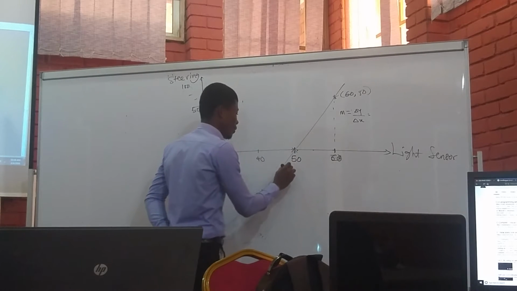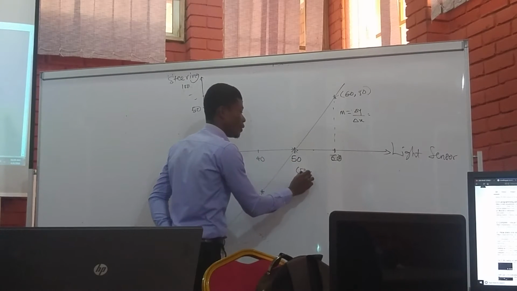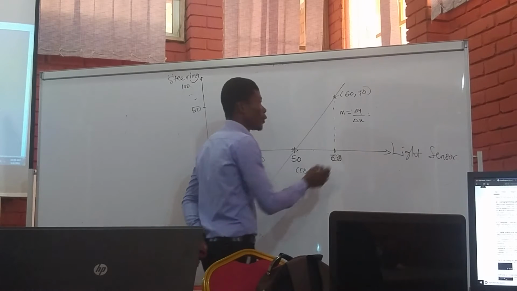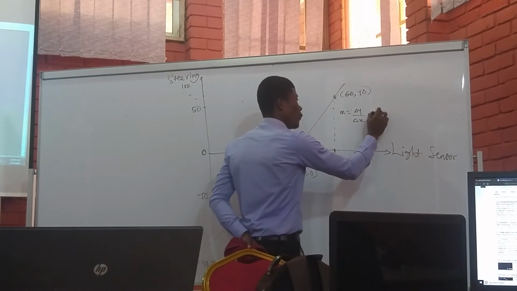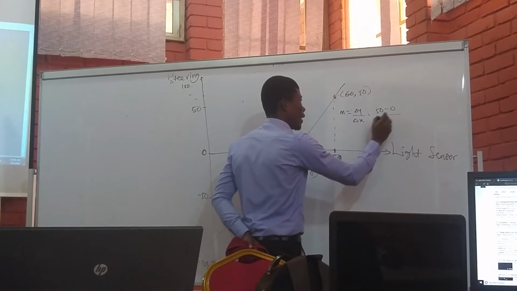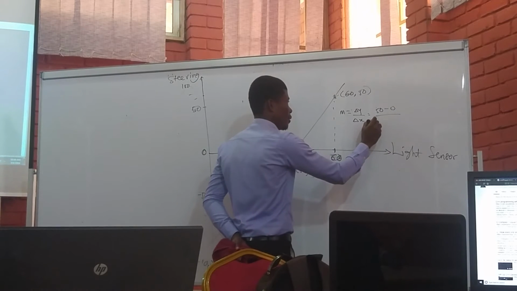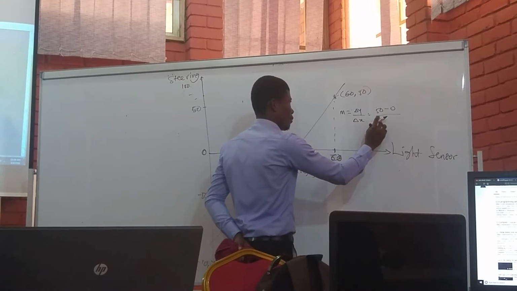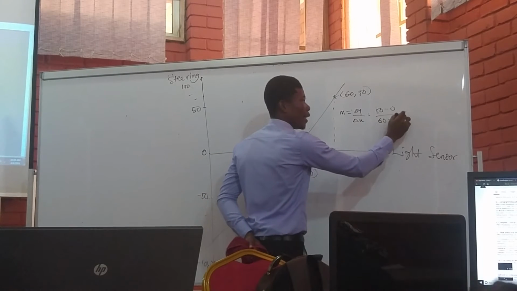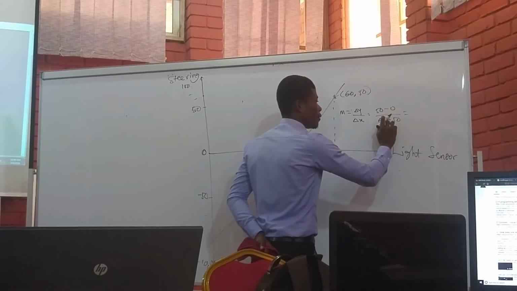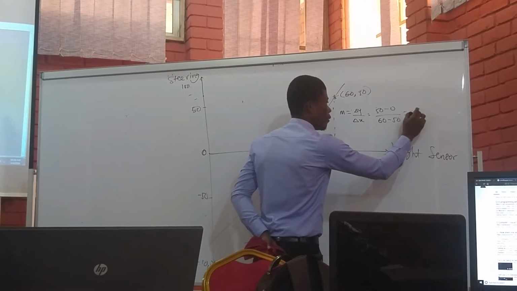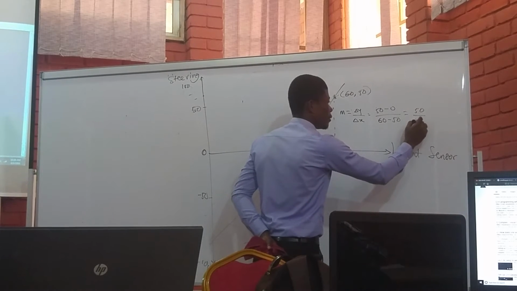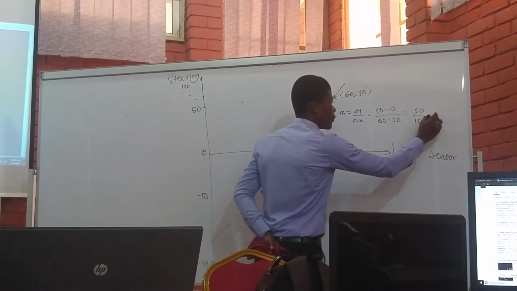And this point is 50, 0. Right? So change in y can be what? 50 minus 0 over what? Change in x. Minus what? 50. And that is 50 over 10, which is 5.